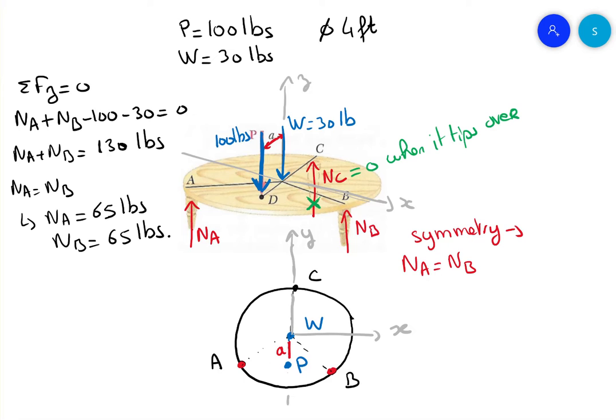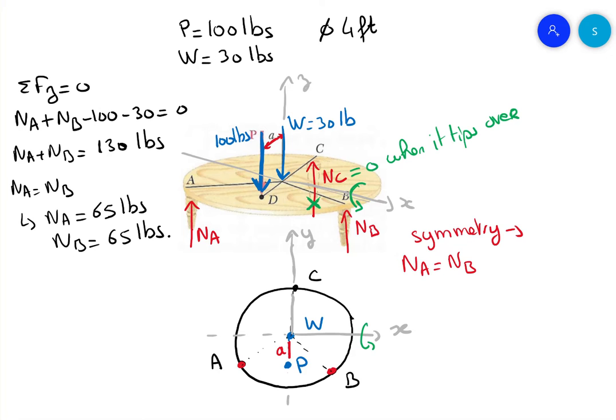Now the question is, what is the distance A? With just one more equation, we can solve for that. We have this axis x there. If we do the equation of moment about x and state that it must be equal to 0, we have NA, NB, and P. But we need to know the perpendicular distance between A and the axis x, P and the axis x, and B and the axis x.